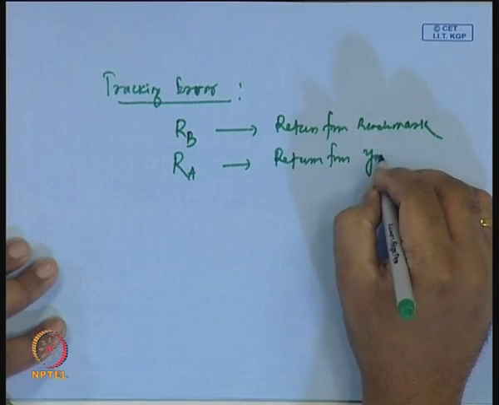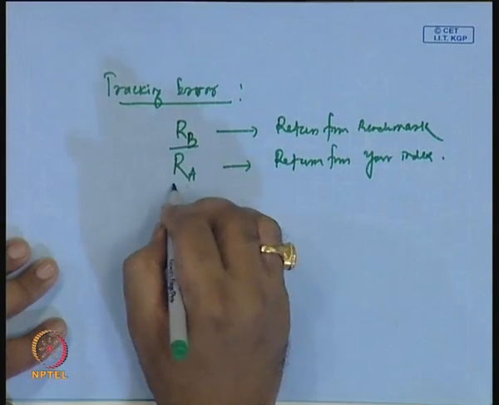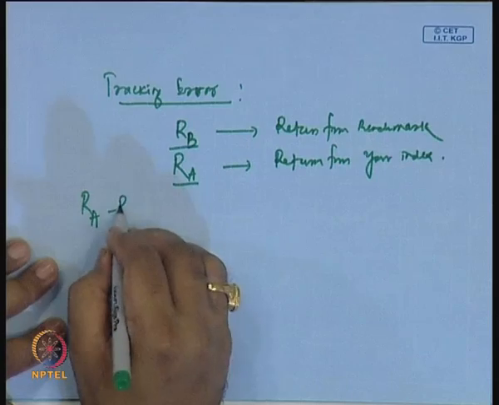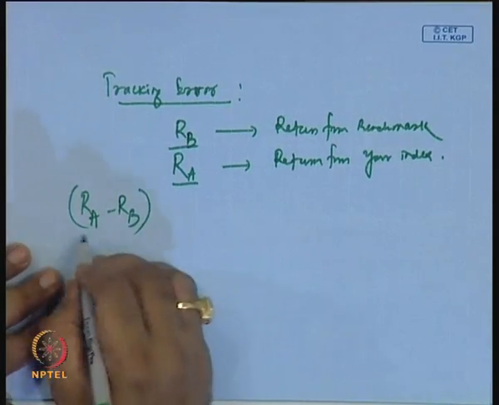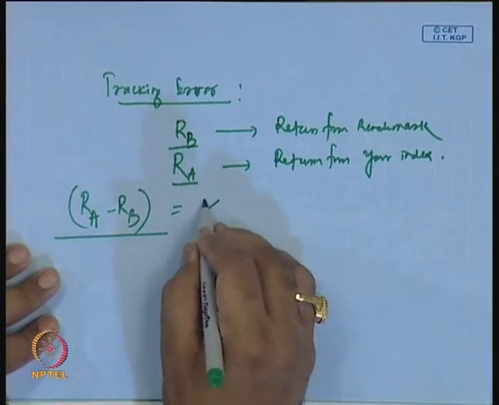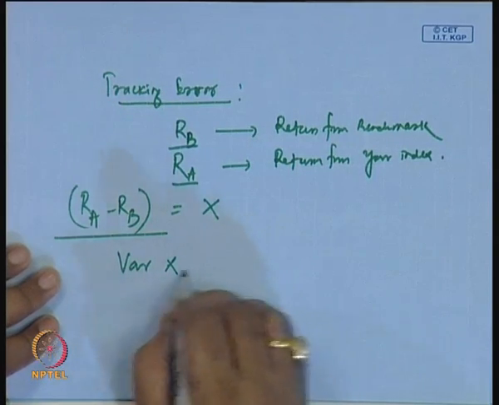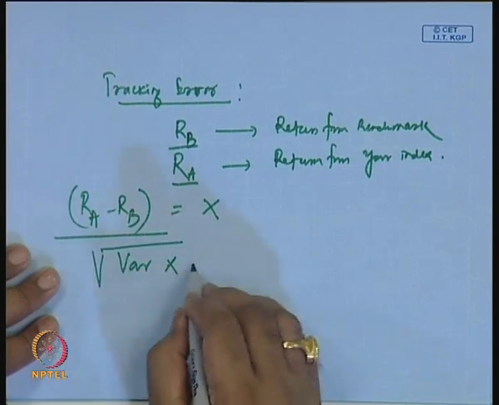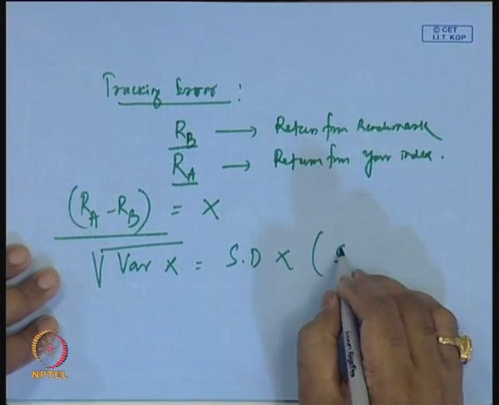Then if you calculate the variance of this return, that means you have RA minus RB, the fluctuation on the basis of different periods; let this be x. Then the variance of x, or if you take the root of this, the standard deviation of x, is basically the tracking error.